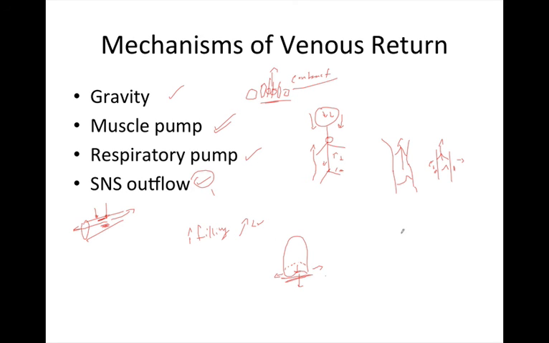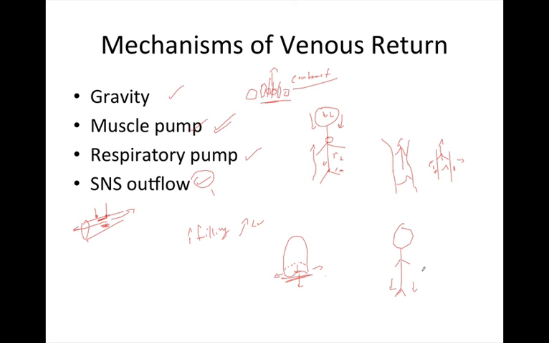Now, another thing, let's think about this for a second. Let's say you work in a job where you stand for long periods of time. So basically, if you stand for long periods of time, you're not utilizing that muscle pump. And because of gravity, most of that blood is going to want to pool down in your dependent areas of the body.